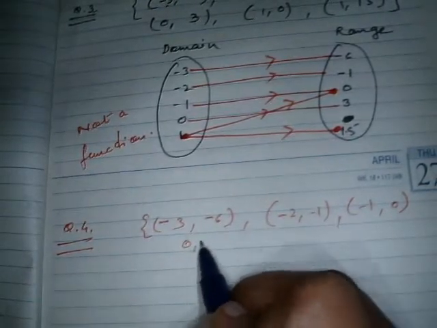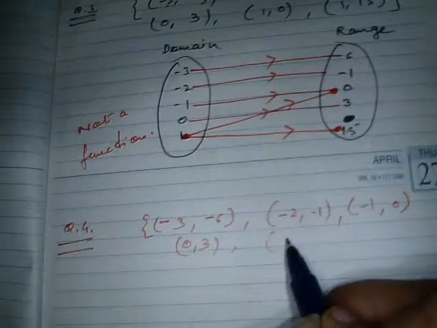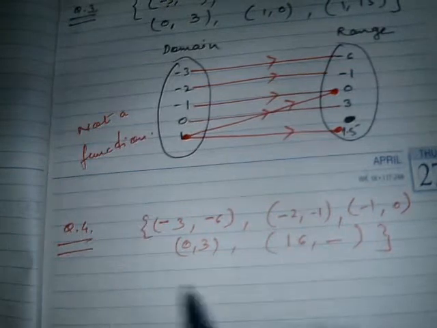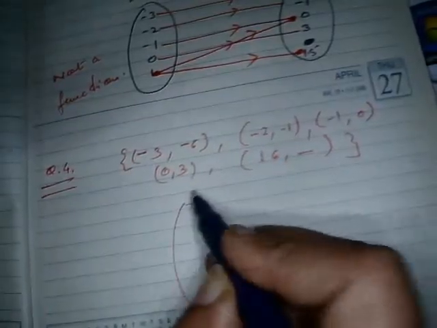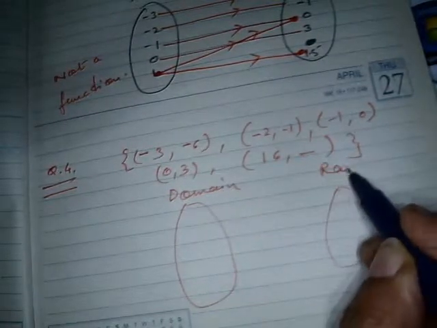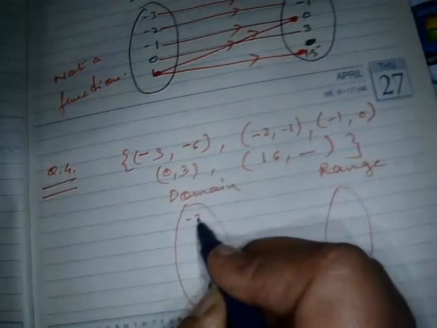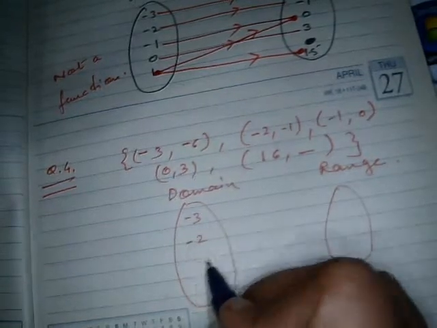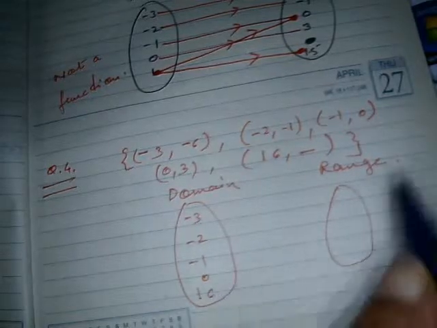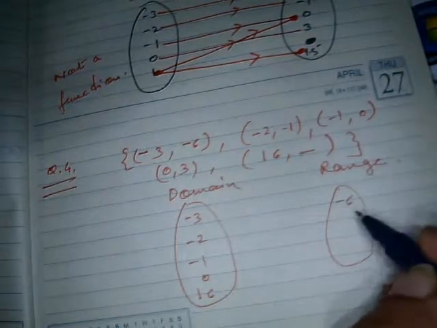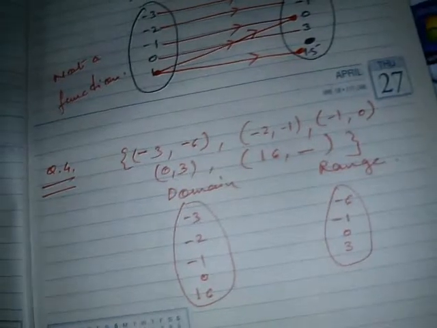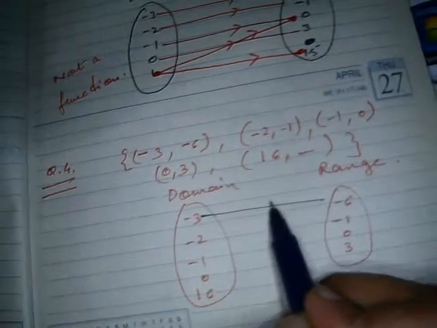This is going to be the domain, this is going to be the range. It contains negative 3, negative 2, negative 1, 0, and 16, and negative 6, negative 1, 0, 3. Now I need to relate. Negative 3 goes to negative 6, negative 2 to negative 1, negative 1 to 0, then 0 to 3, and this 16 is left unrelated.